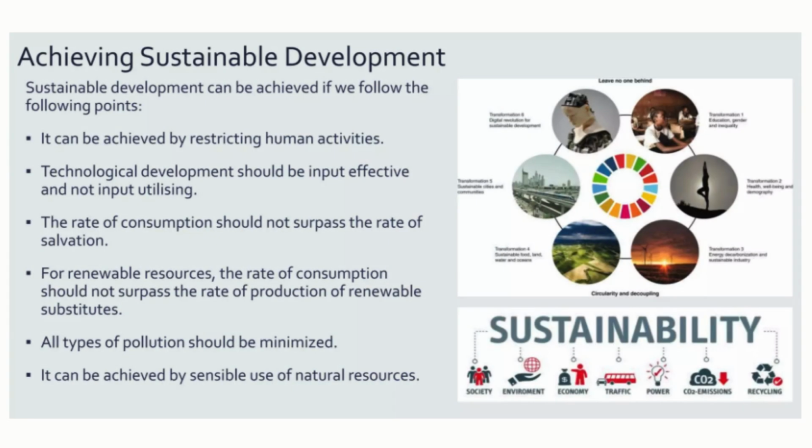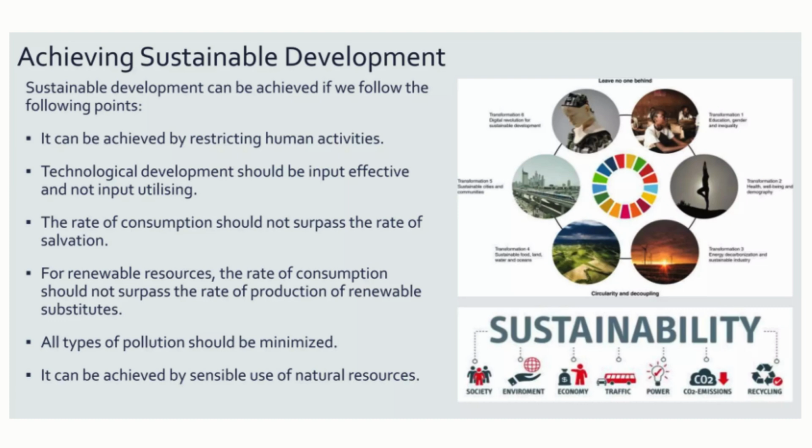So let's have achieving sustainable development. Sustainable development can be achieved if we follow the following points. It can be achieved by restricting human activities. Technological development should be input effective and not input utilizing. The rate of consumption should not surpass the rate of salvation.